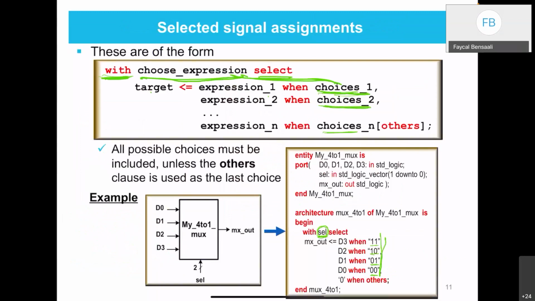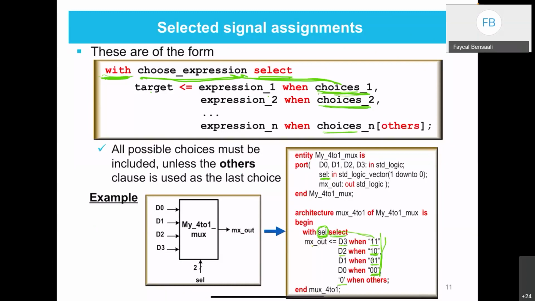With select, which is my select keyword, multiplexer output is equal to D3 when 1, 1. This means when the select is equal to 1, 1, then the output should be equal to D3. When the select is equal to 1, 0 or 0, 1, then D2 should be assigned to the output, and so on until I finish all the cases.